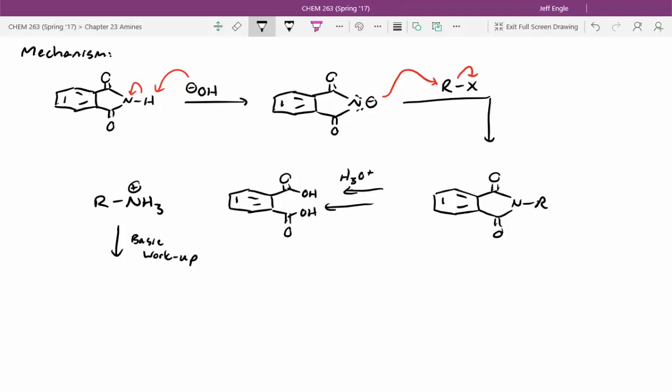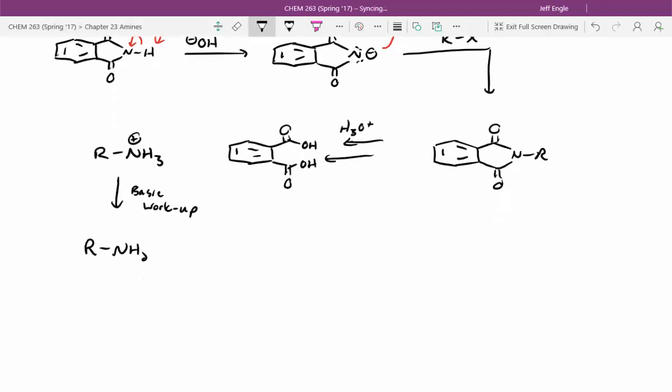Typically, you can do this using a variety of conditions. It really depends on the amine that you're working with. Usually you want something more basic than water, because amines are more basic than water, right? So you want something that will pluck that proton off.